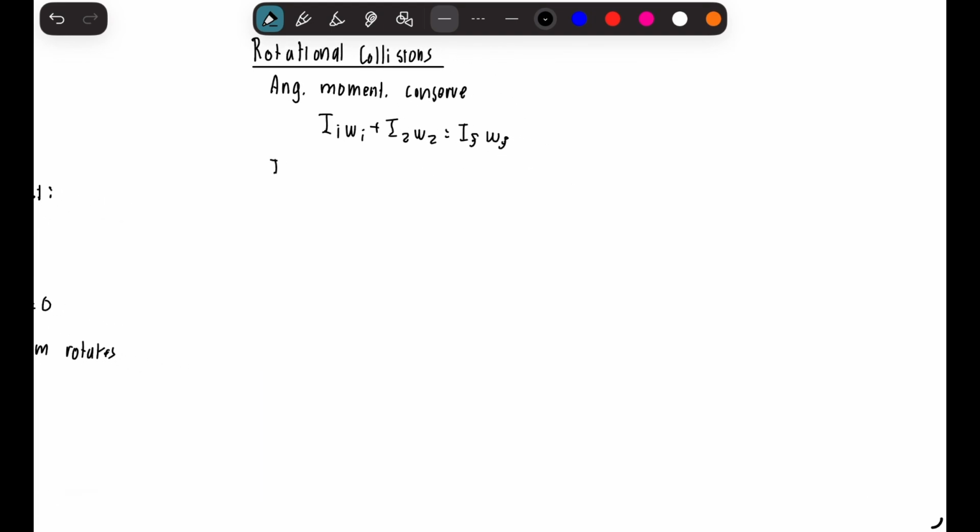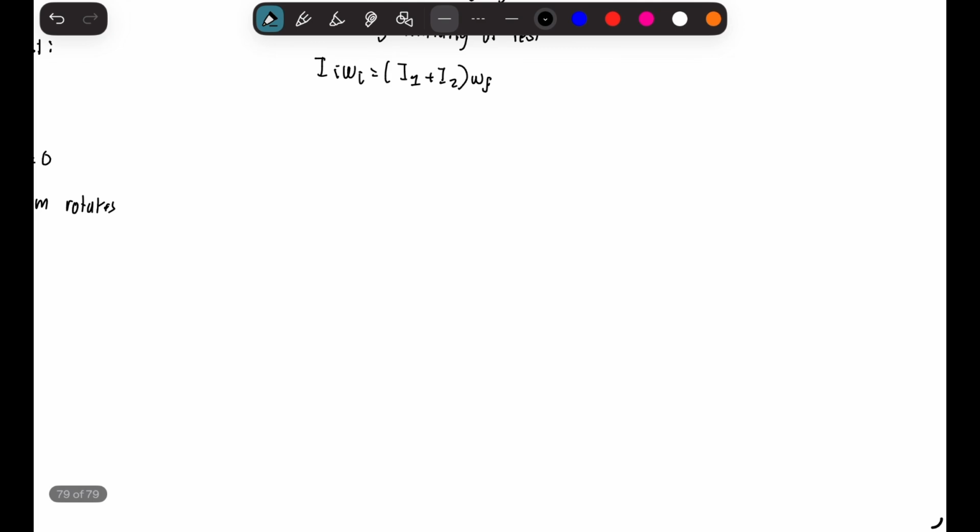Now, if your second object is initially at rest, you would write this instead as I. Or rearrange this for omega f.